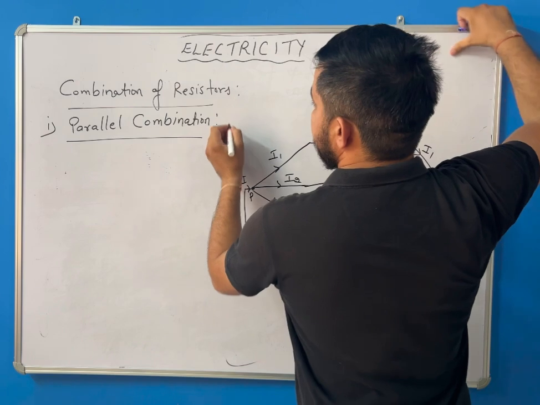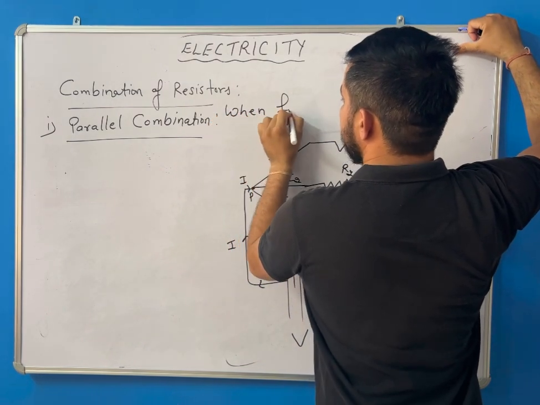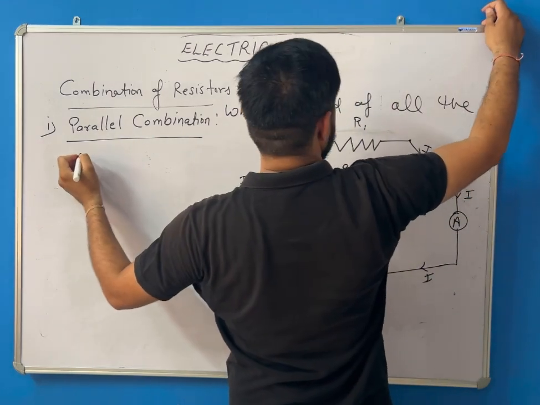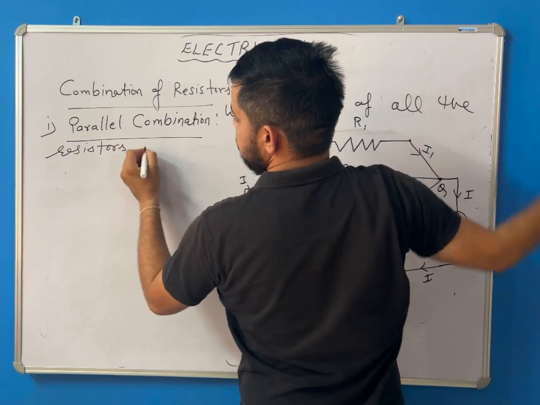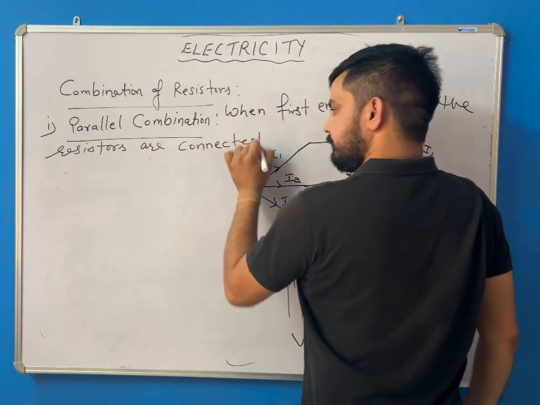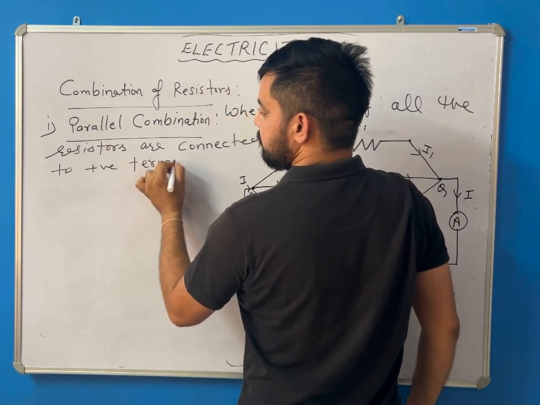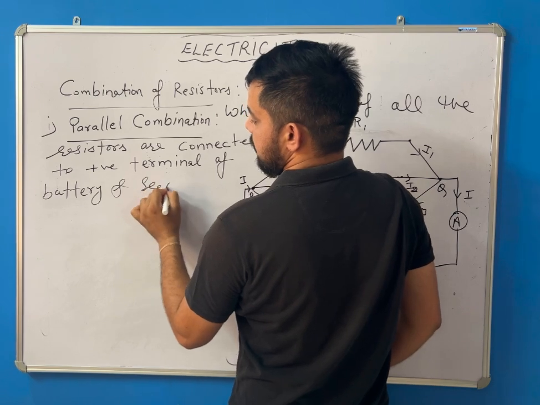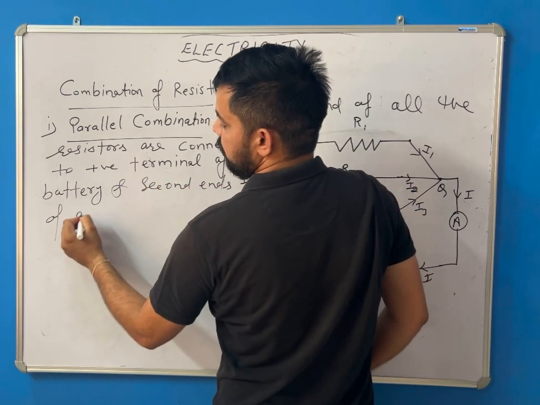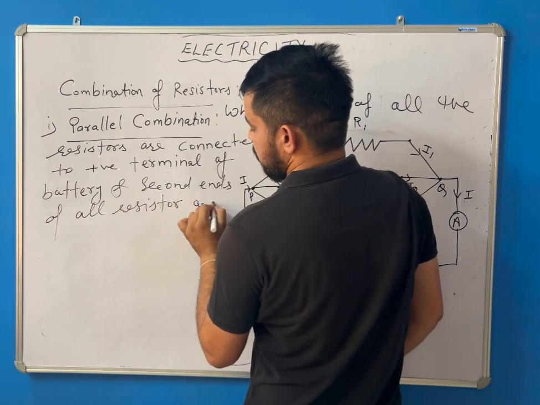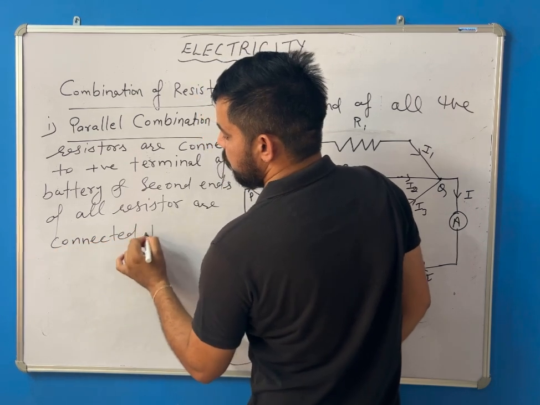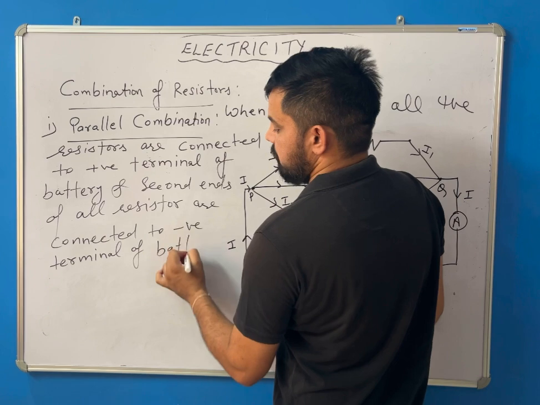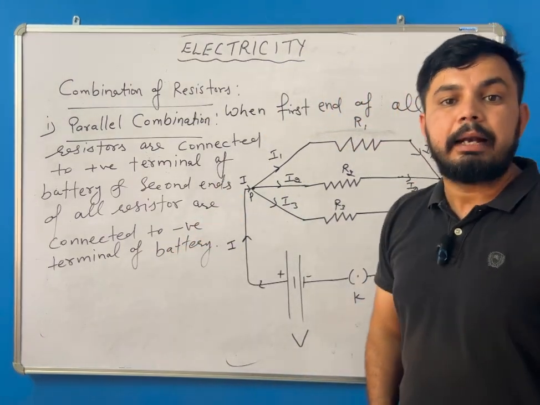So let's write the definition. When the first end of all the resistors are connected to the positive terminal of the battery, and the second ends of all resistors are connected to the negative terminal of the battery, then this type of combination is called a parallel combination of resistors.